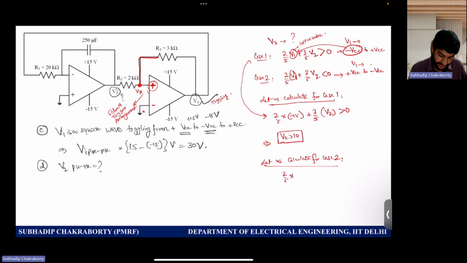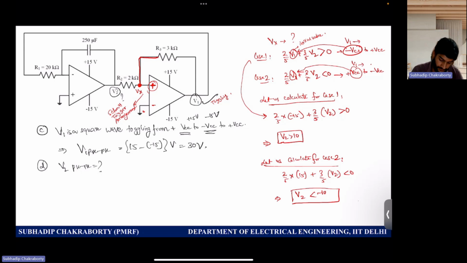And then let us calculate for case 2. 2 by 5 times V1, but V1 initial was plus VCC, plus 3 by 5 of V2. V2 we want to calculate for this case, and we are getting minus 10. So if V2 is less than minus 10, which is the LTP, then it will drive the output to the negative saturation point.